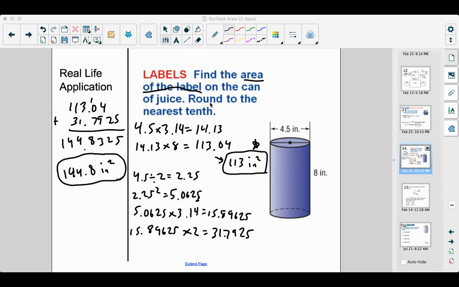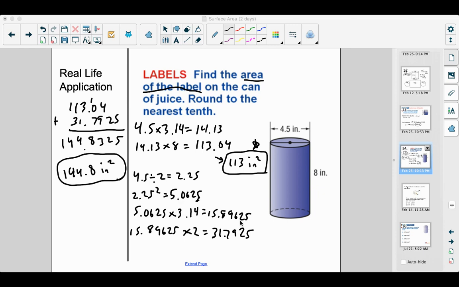If you didn't notice that, it was a little subtle, so not terribly surprised. You might have continued going. Let's make sure you did that correctly if you did. If you continued going, you would have also added the area of the circles. It gives me the diameter of 4.5, so I got to cut that in half first to get the radius of 2.25. Then I do the radius squared, times pi.